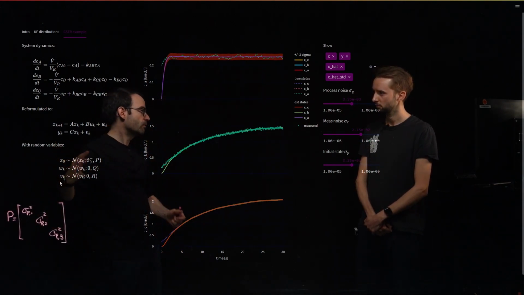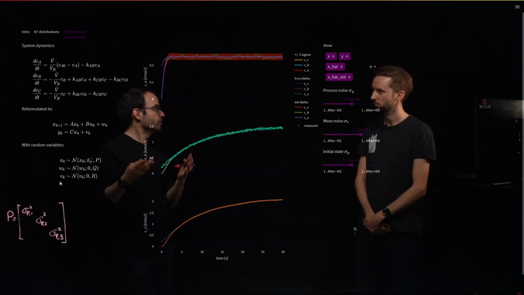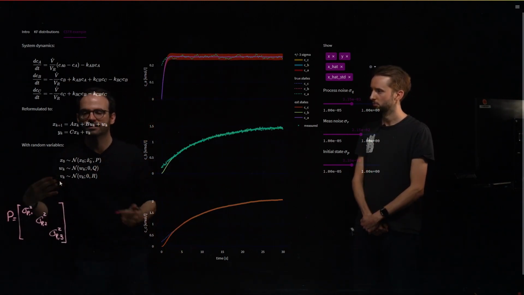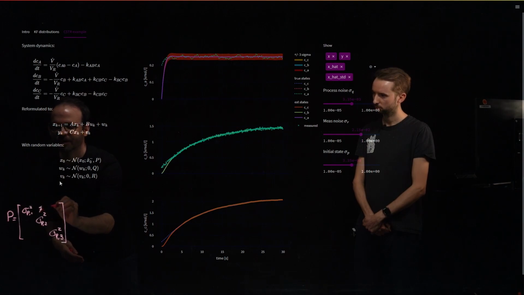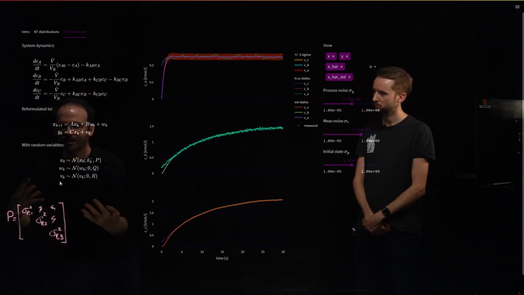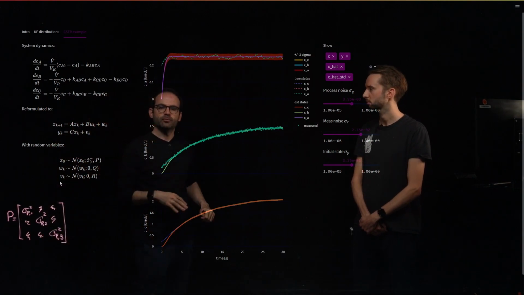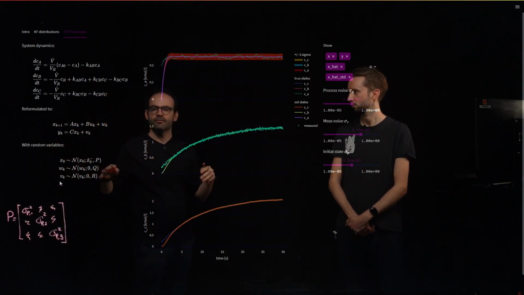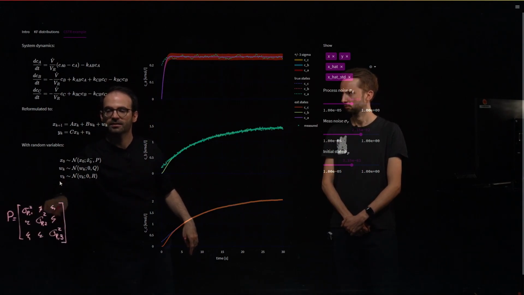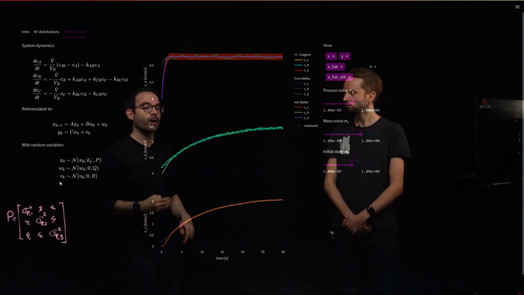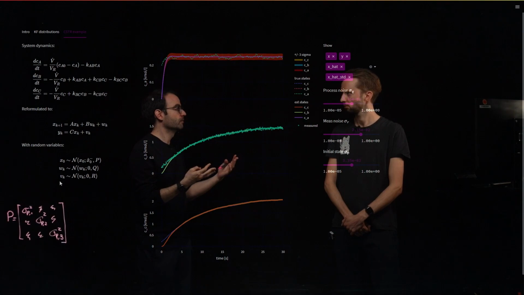And if we take the square root, then we have the standard deviation, the sigma. The covariance in reality also has some values here that describe the covariance between different states, but they are not going to be relevant for the visualization. We typically focus on the variance of each one of the states, which are just the elements on the diagonal of that P matrix that the Kalman algorithm is giving you.